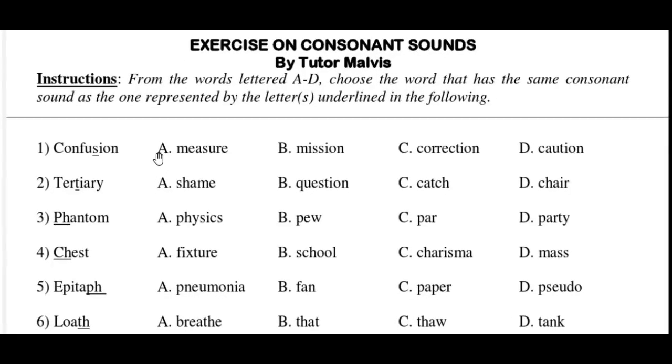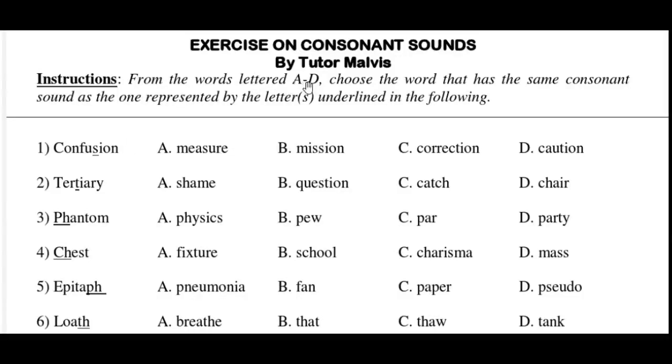So for the purpose of this video, I'm going to be making use of British English IPA, the International Phonetic Alphabet. I encourage you to stick to British English when it has to do with external exams like WAEC or UTME. Alright, so let's get down to business.